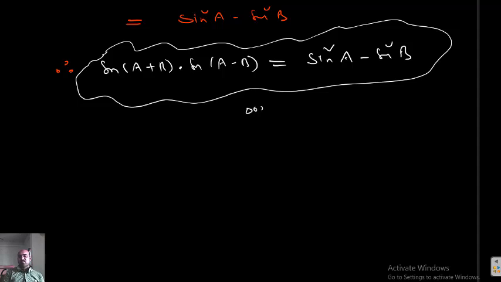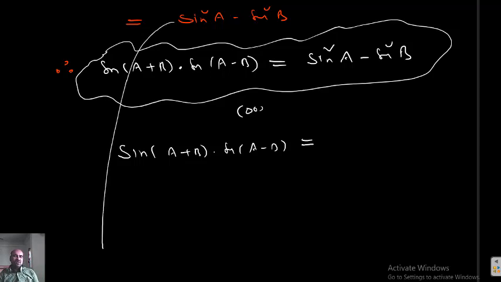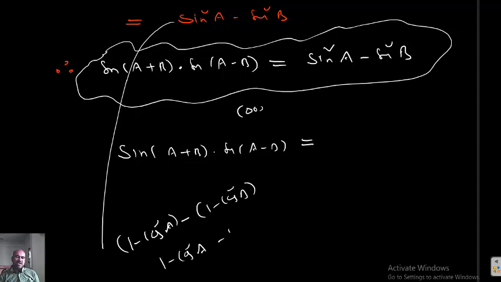Important: sometimes our result should be in terms of cos. Sin of A plus B into sin of A minus B, observe students, I will prove here. Sin square A means 1 minus cos square A, and sin square B means 1 minus cos square B, I can write. 1 minus cos square A minus 1 plus cos square B. The 1 gets cancelled. What will we get?